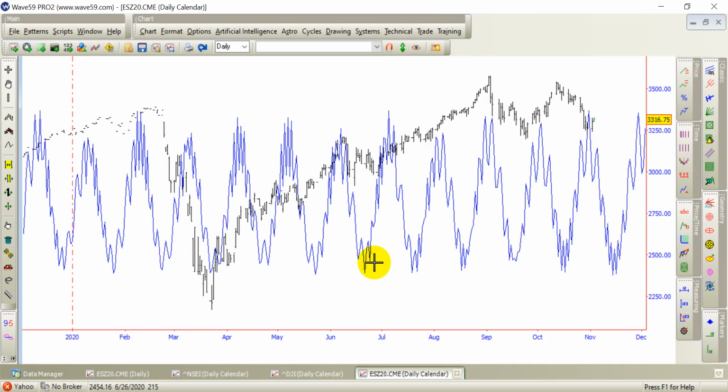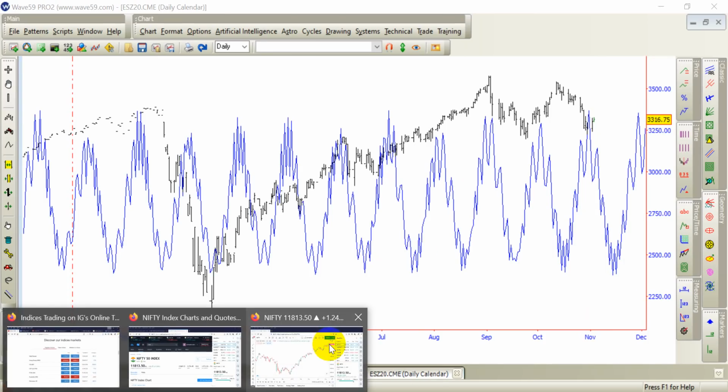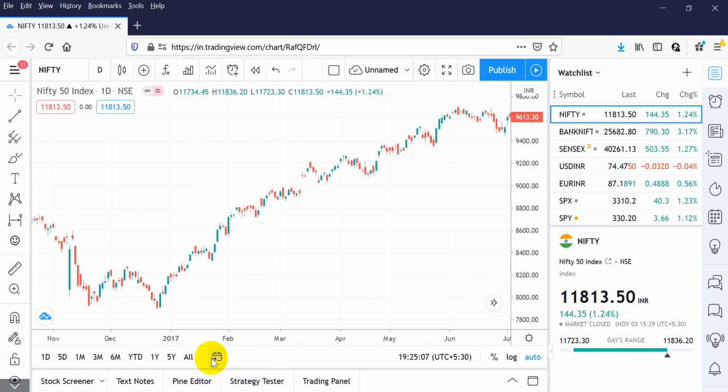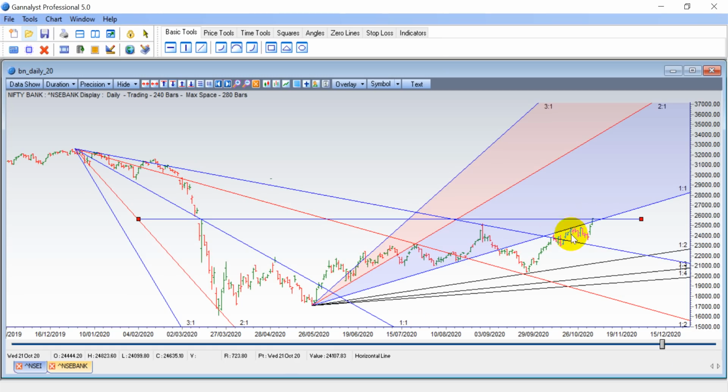Now, just from the technical perspective and just from the Gann perspective, this is Bank Nifty's chart. We had broken out of the high which we made on 31st August, and from there we are rallying.